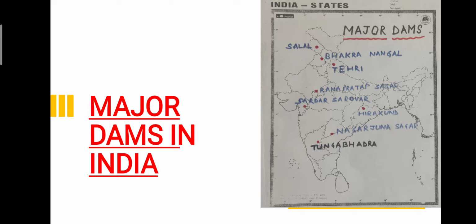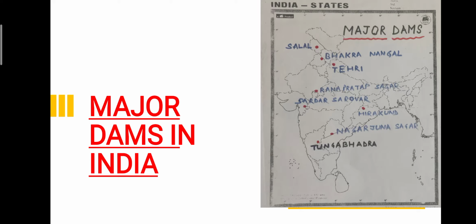And then next is Sardar Sarovar. Sardar Sarovar is in Gujarat, you can say southeastern Gujarat, on the Narmada river. Then we have labeled and located the next dam, which is a famous dam in Odisha state, on the Mahanadi river, the Hirakud hydel power project.